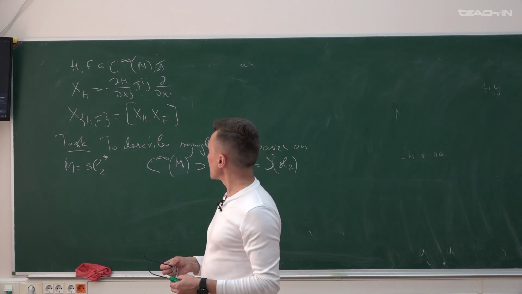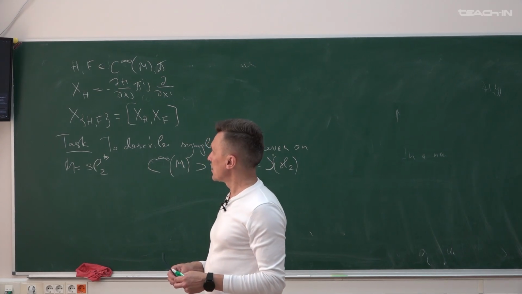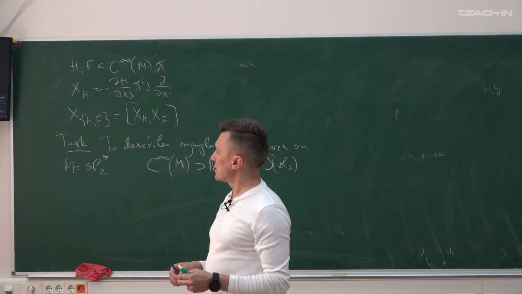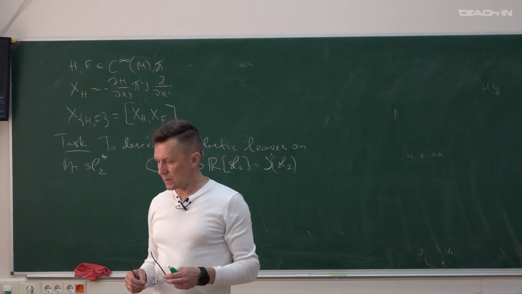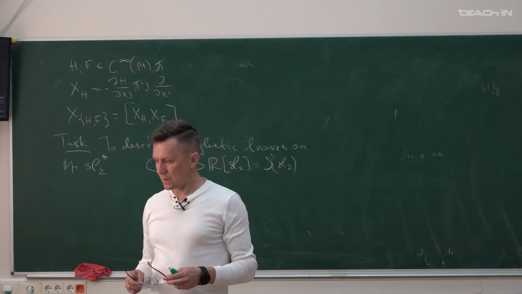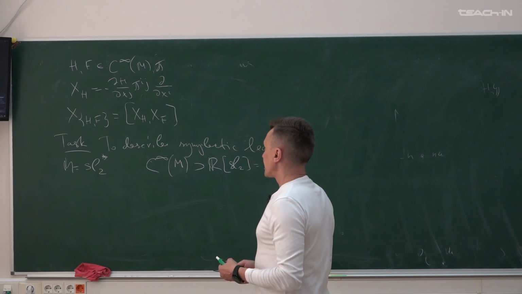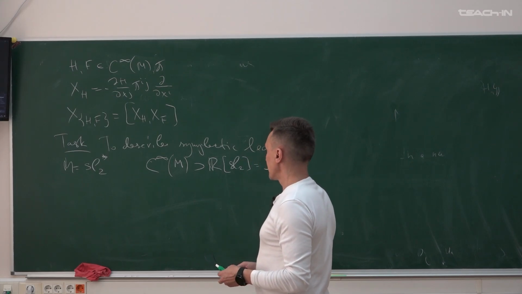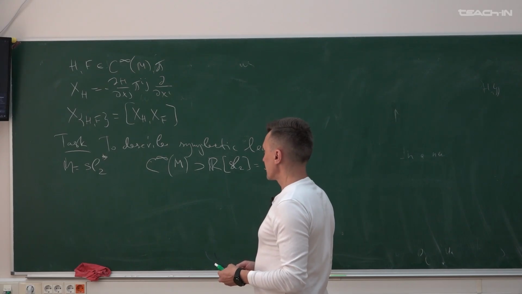Do you remember the definition? Well, yes. A symplectic leaf is a level set: for any x on this manifold, Ci(x) equals Ci, where Ci is the Casimir function.